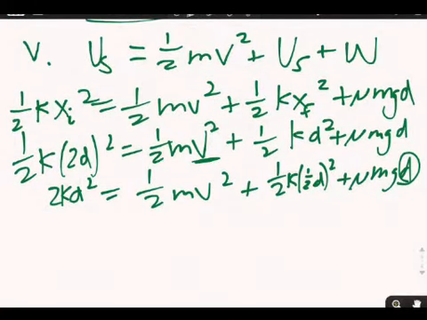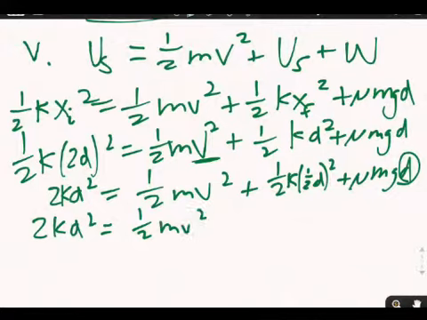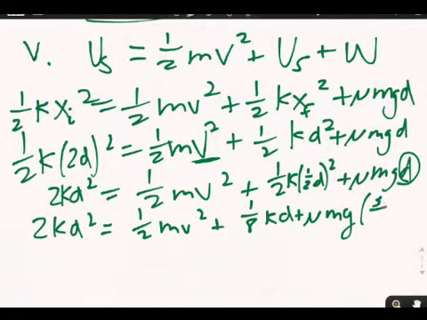So we get 2kd squared equals 1/2 mv squared plus 1/8 kd squared plus mu mg times three halves d.